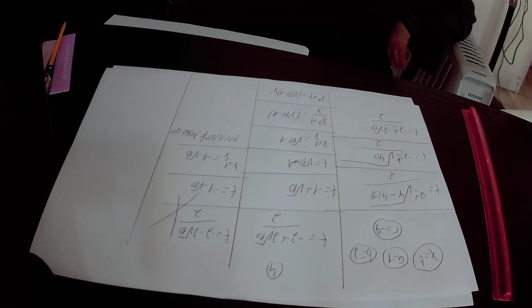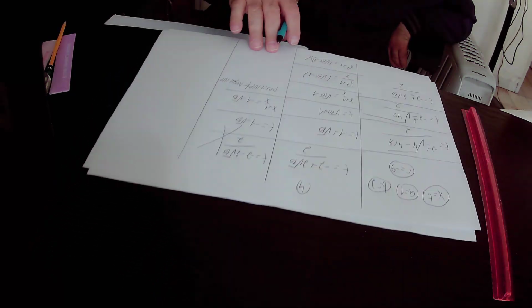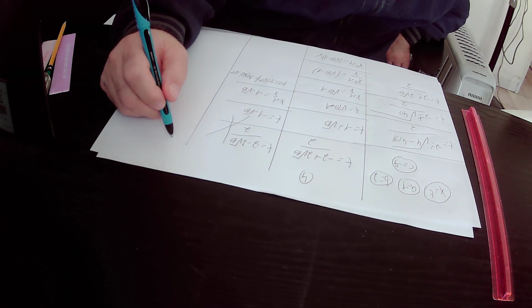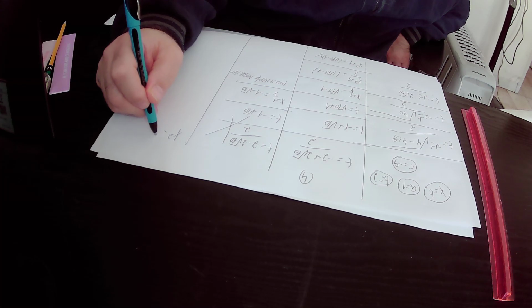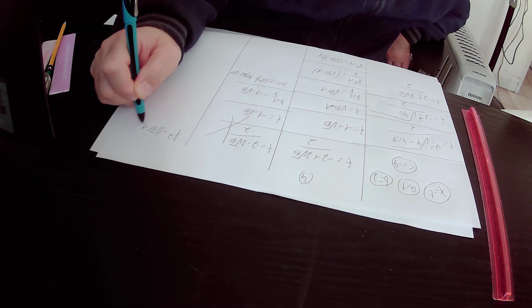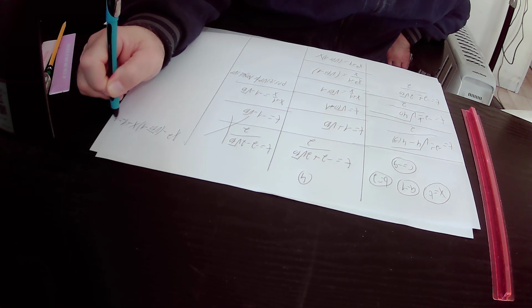So here we subtract the square root of 10 minus 1 times x from this equation, and we will get here a quadratic equation: x squared minus the square root of 10 minus 1 times x plus 1 equals 0.